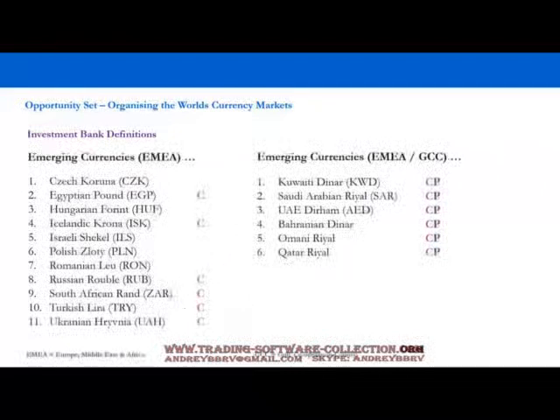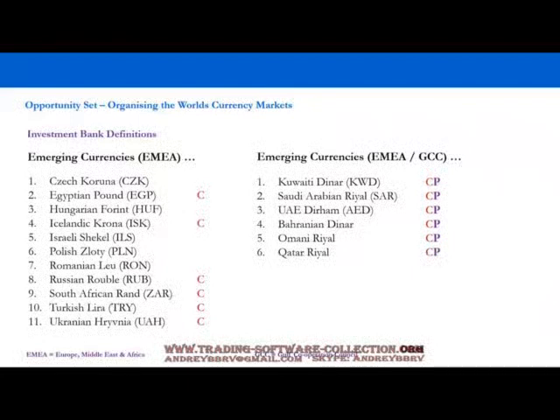The other definition that we look at with investment banks and retail brokers is emerging currencies. So we're talking about countries here whose economies are small and growing at a high rate, or should be growing at a high rate, and they're defined as emerging currencies.